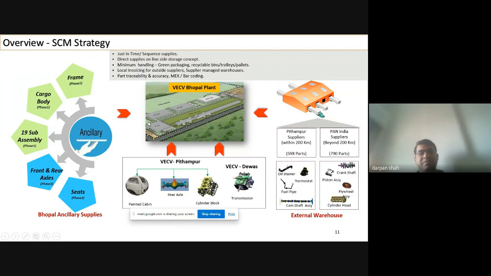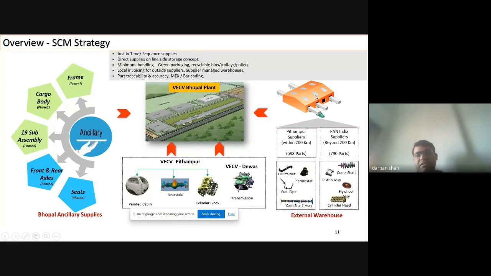So as I've explained, major aggregates like frame, cargo body, front axle, rear axles, engine, transmission, cabin, axle, all these aggregates are situated nearby. And one thing very different is that, as a strategy, we have driven a different warehouse, not inside the plant.